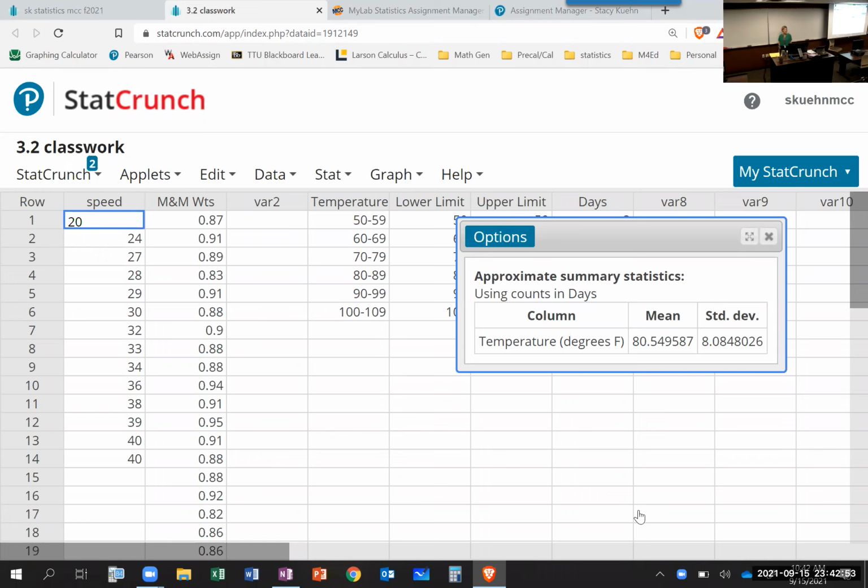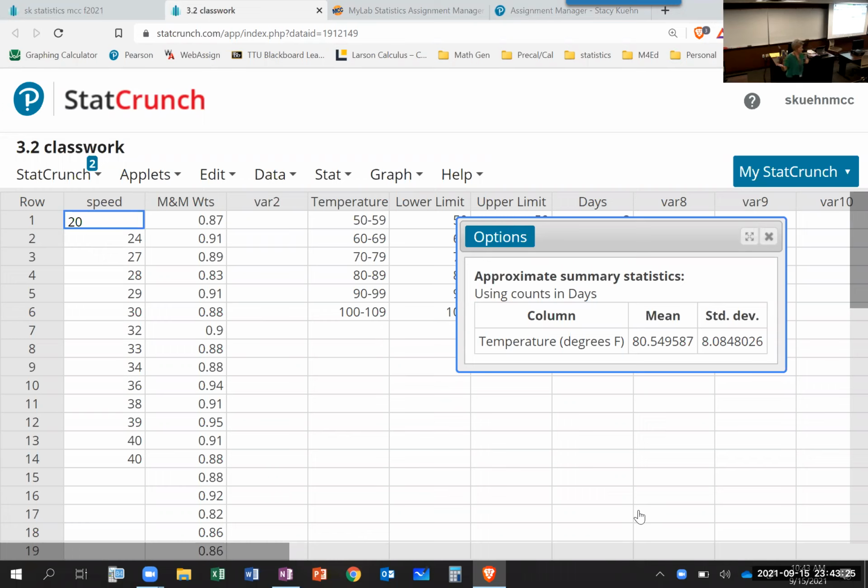We have a standard deviation of 8. One standard deviation above the mean would put us at about what, 88 degrees? One standard deviation below the mean would put us at about what, 72 degrees? So approximately 68% of the high temperatures recorded over 130 years for this city would have temperatures ranging between 72 and 88.